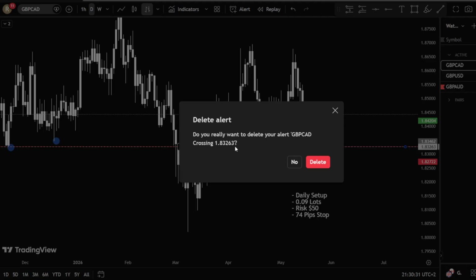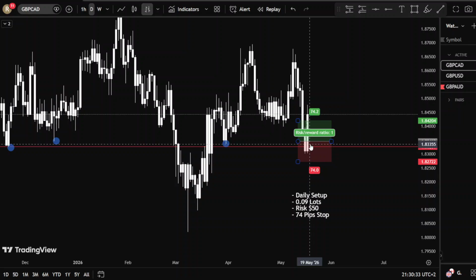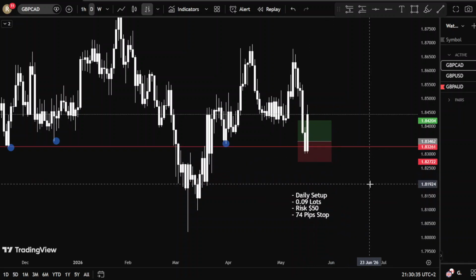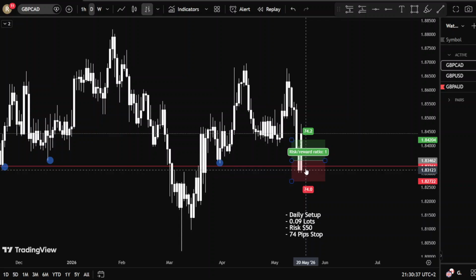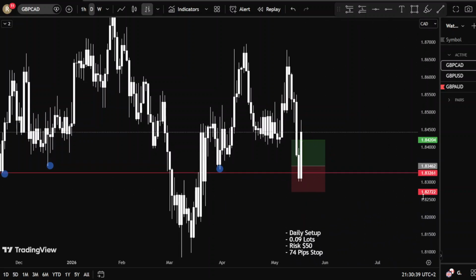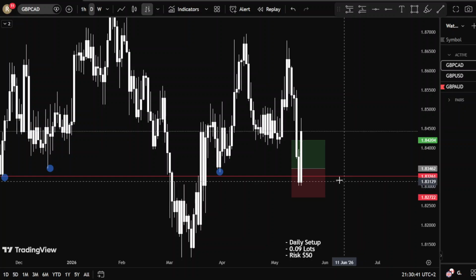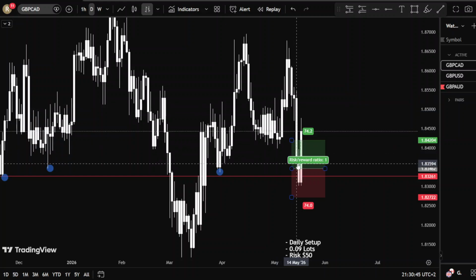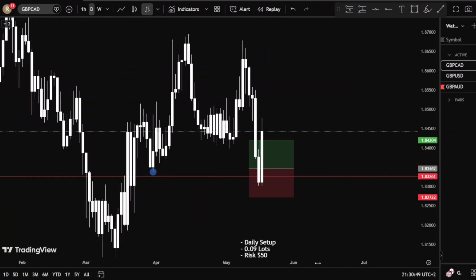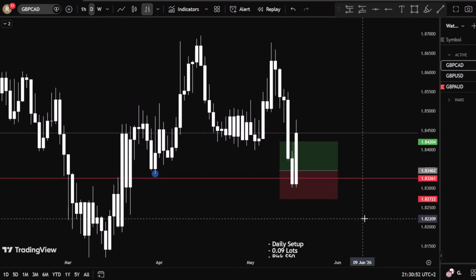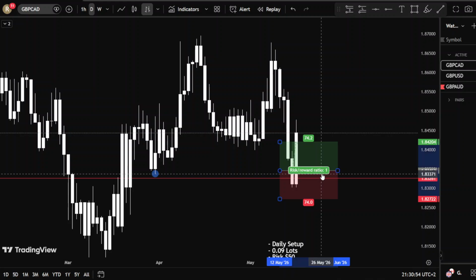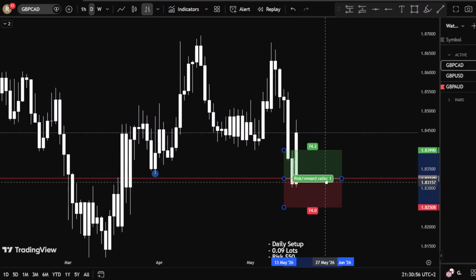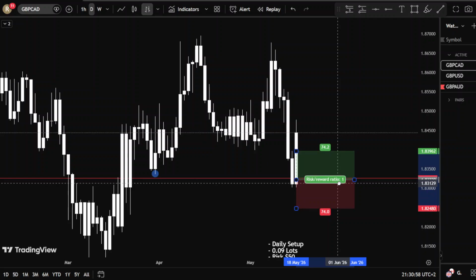So if it respects the zone and starts to bounce off, that's when I want to take the trade. It doesn't need to be much, but a little bit. So it comes into the zone, it starts to reject, and honestly, if I was awake a little bit earlier, I would probably have taken the trade maybe down here.